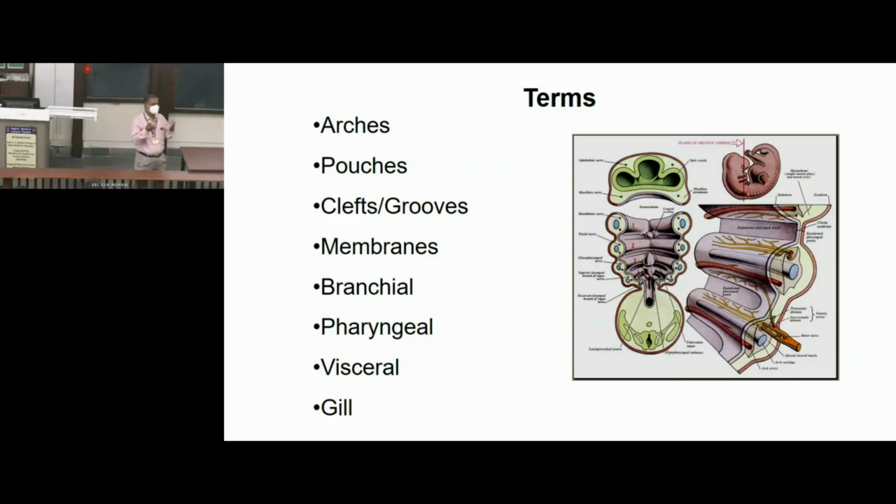If I ask you, what is pharynx? This is elementary knowledge, right? Any child knows what the pharynx is. Tell me, in layman's terms, what is pharynx?